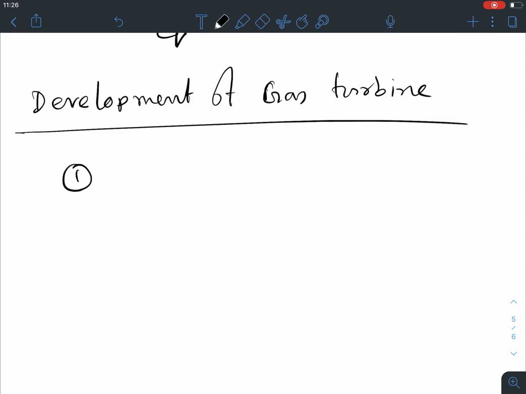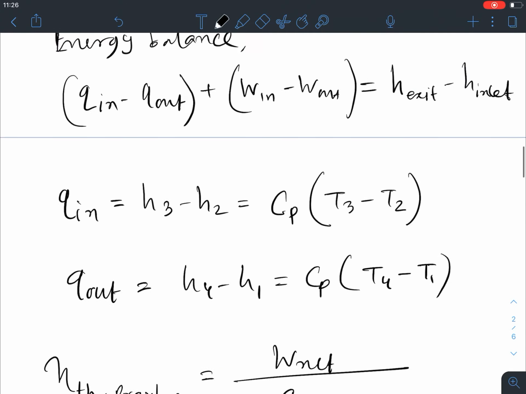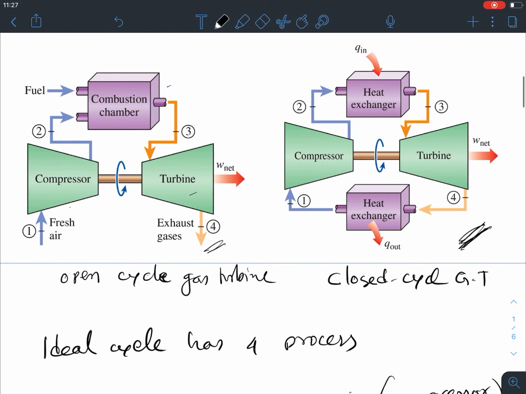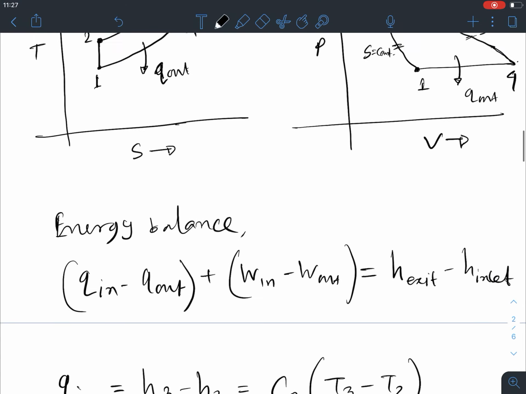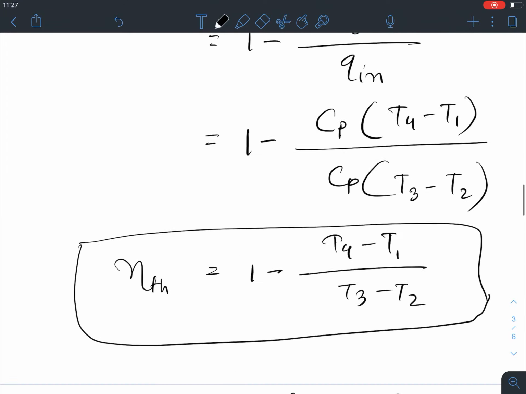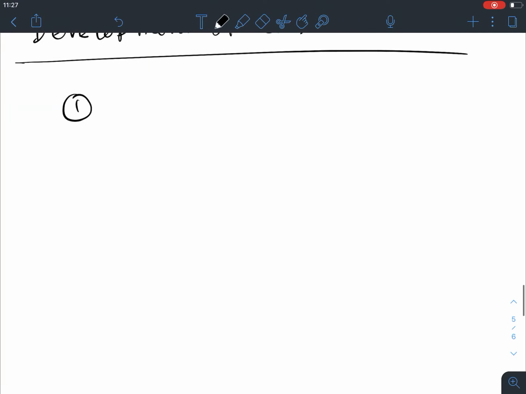One is increasing the turbine inlet temperature. For example, in the TS diagram, the turbine inlet is state 3. If we can increase this much higher, the cycle efficiency is higher.